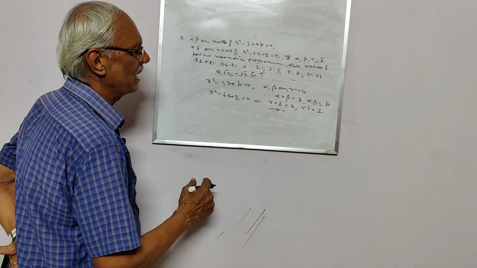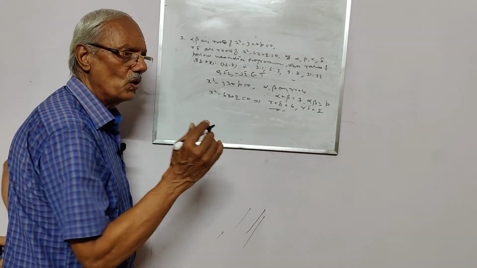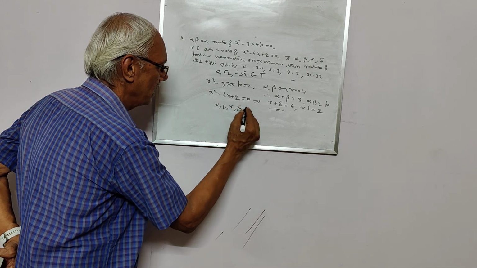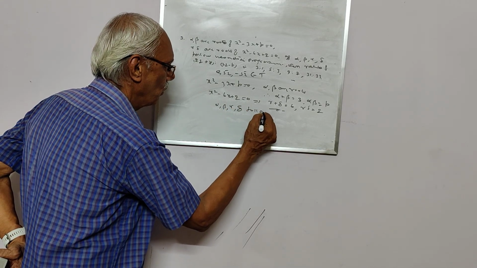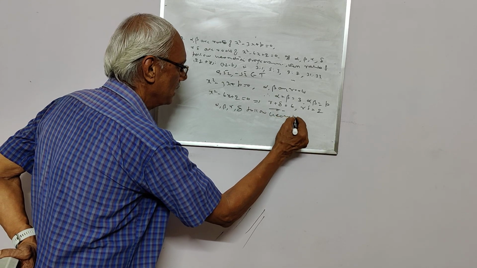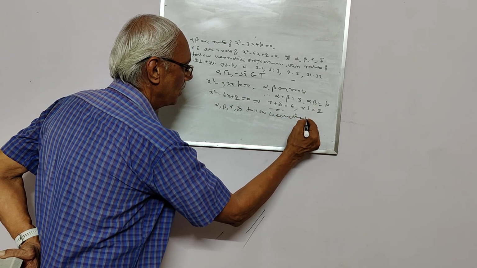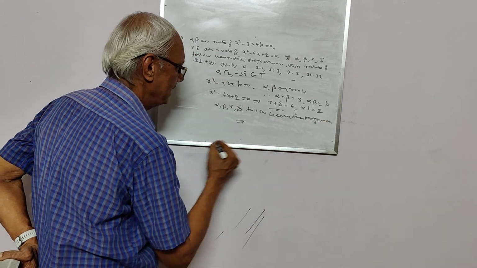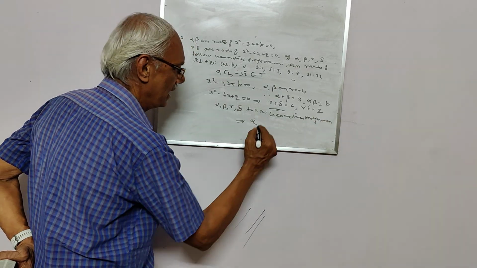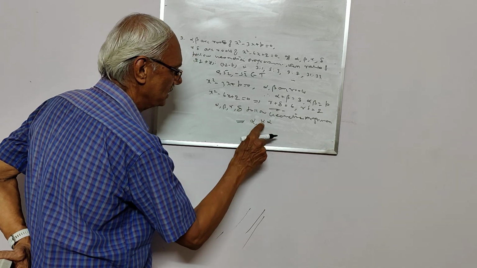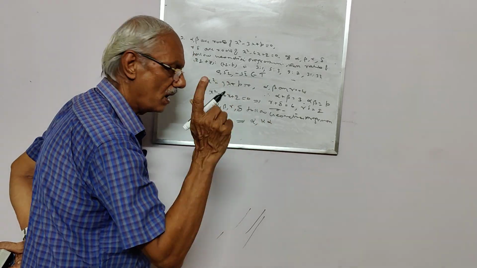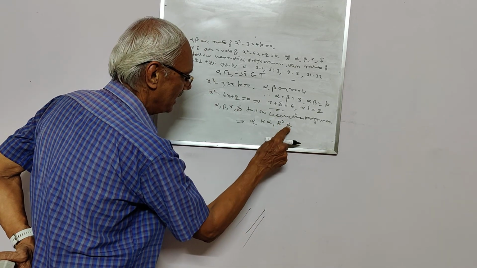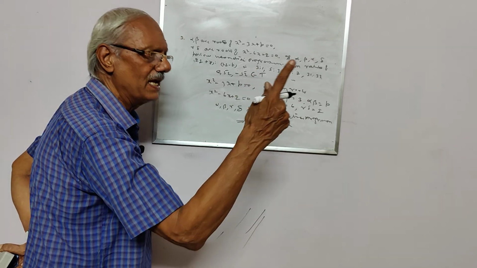Now what is given in the problem is that alpha, beta, gamma, delta follow a geometric progression. That means if alpha is one root, another root is k alpha, because k alpha divided by alpha is k. Another root is k squared alpha, and k squared alpha divided by k alpha is again k.